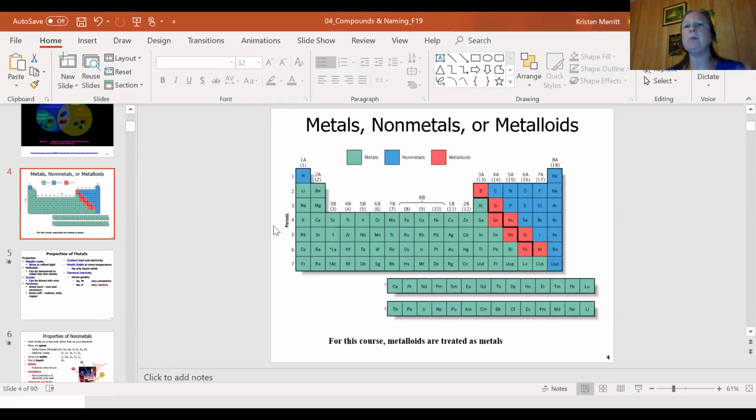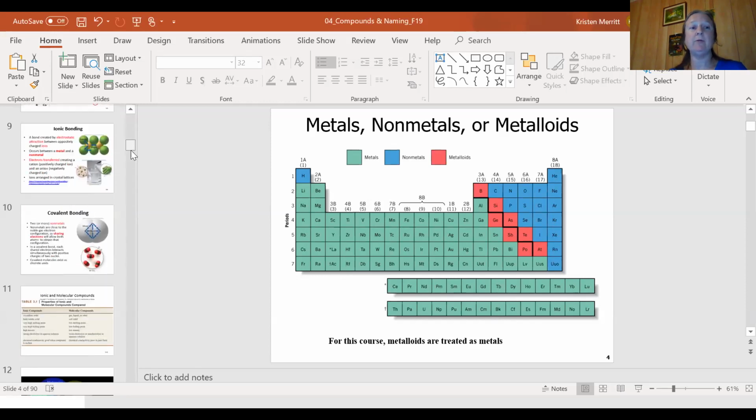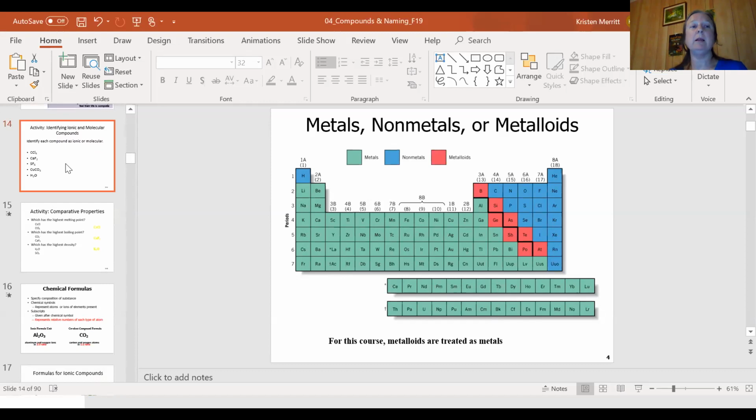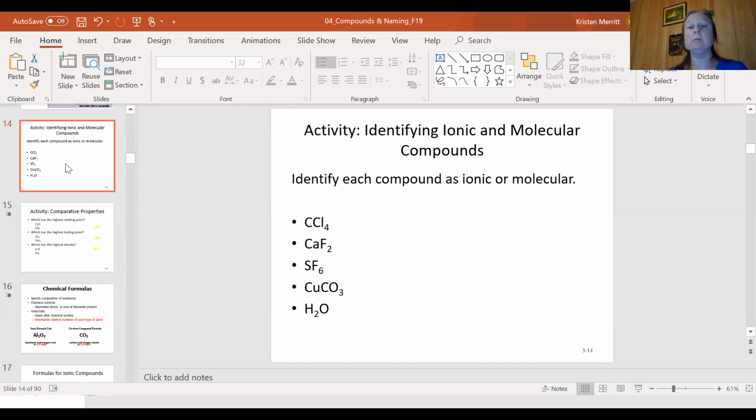Well, the very first thing you do is you go to the periodic table and you say, are they metals or nonmetals? Carbon is here, that's a nonmetal. Chlorine is here, that's a nonmetal. You have 2 nonmetal elements bonded together, therefore it is covalent, or remember, molecular. That's our language now that we're using. So that one is molecular or covalent.